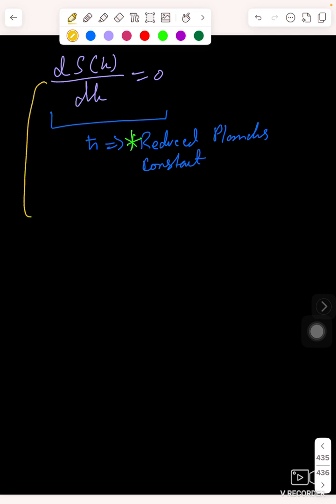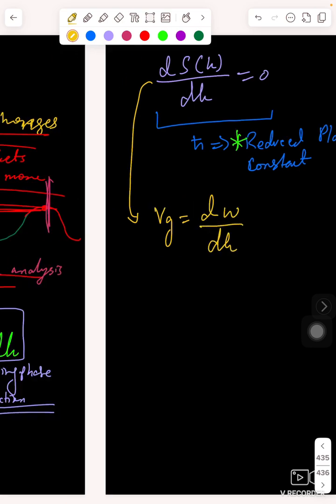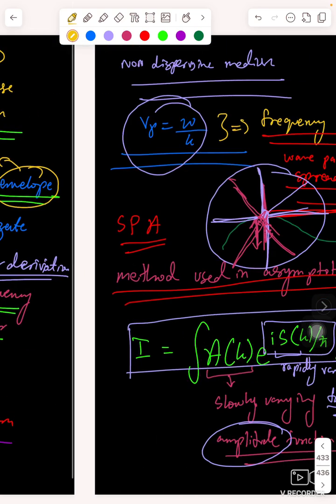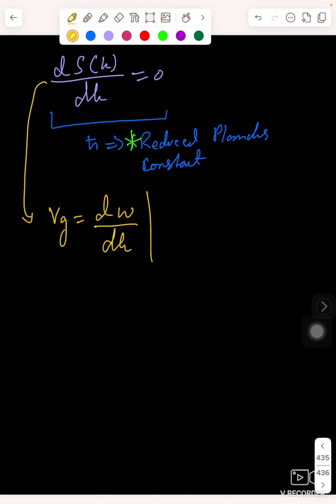Again, we bring back the group velocity v_g, which is dω over dk. Now we can integrate over k, which is used for the evolution of wave packets. This equation is for the evolution of wave packets.